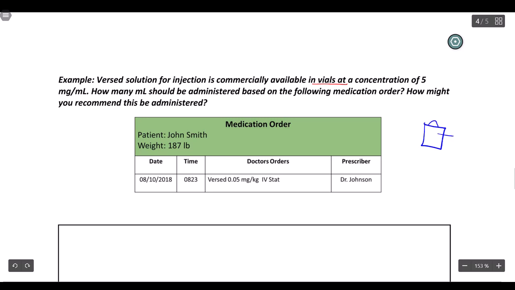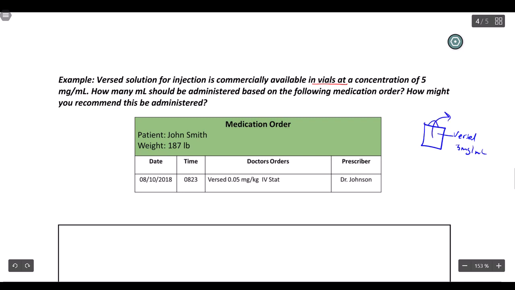The label on it is going to say Versed. It's a brand name. It says 5 milligrams per ml. That's what we're looking at. And it says how many mLs of this. So how many mLs? I'm going to stick a needle in here and I'm going to withdraw how much. How much of this liquid do I need to take away out of this vial?